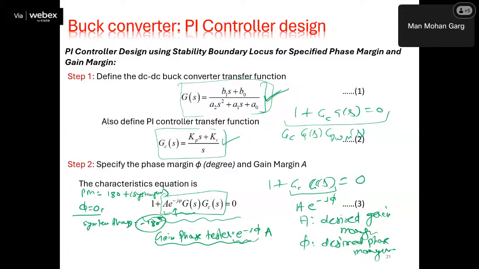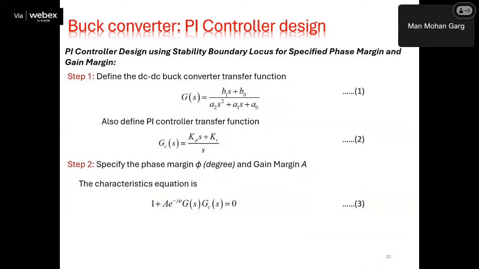Whatever gain is there at that moment is called gain margin. If I say A equal to 1, this is the line at which the gain plot is crossing the horizontal axis. Whatever is phi, that means 180 plus system phase, that is the phi. So that's how this gain phase tester is defined.